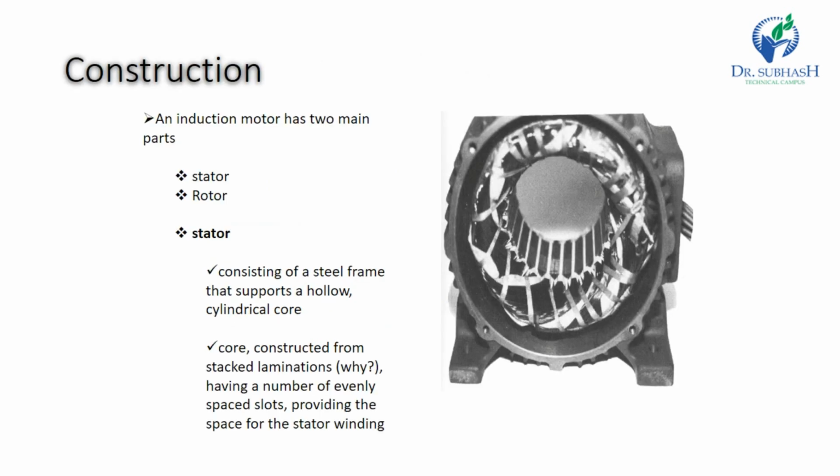Now, the construction of the induction motor. An induction motor has two main parts, a stator and a rotor. Here we see in the figure, there is a stator, which is the stationary part. In between the stator, we use a rotor, which is the rotating part. Now first of all, we see the stator.